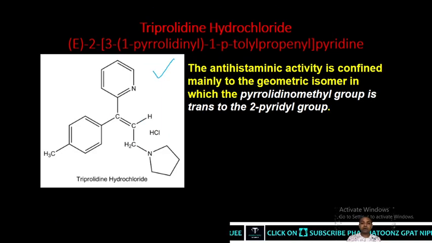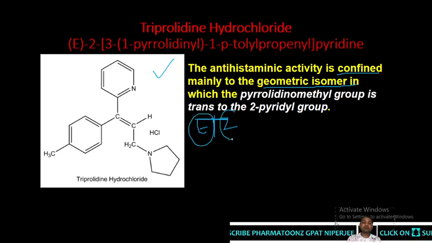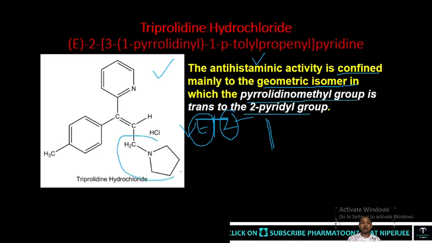This is triprolidine hydrochloride, and its antihistaminic activity is confined mainly to one of the geometrical isomers. So these E and Z are both called geometrical isomers. The meaning of E is that the two bulky groups are opposite to each other, and Z means the two bulky groups are in a single plane, which is called the Z isomer. So the antihistaminic activity of triprolidine is due to the geometrical isomer in which the pyrrolidinylmethyl group is trans to the 2-pyridyl group.